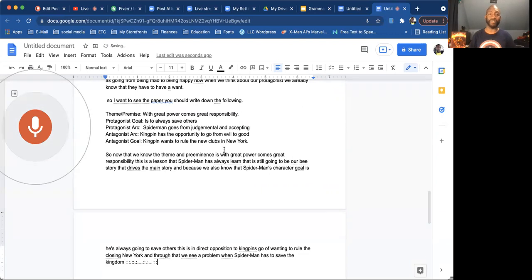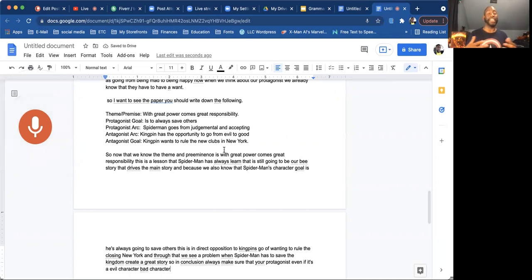Creates a great story. So, in conclusion, always make sure that your protagonist, even if it's an evil character, bad character, a team of characters, you need to have problems, wants, and needs.